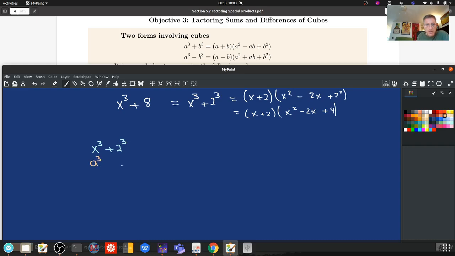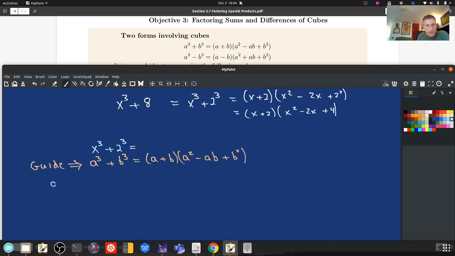A cubed plus b cubed is equal to a plus b times a squared minus a times b plus b squared. So this is my guide. Even when you have it memorized, sometimes you don't know what to do. So let's use that guide.